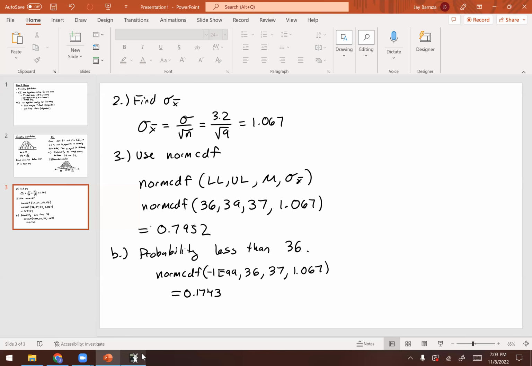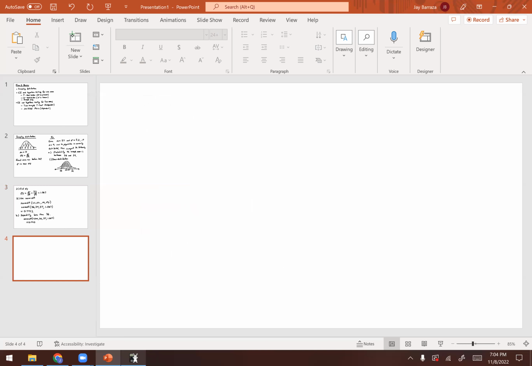Any questions on how to find the probability using a sample distribution? That's really the main aspect of what you need to remember from sampling distribution, right? And then just remember the law of large numbers. So law of large numbers.